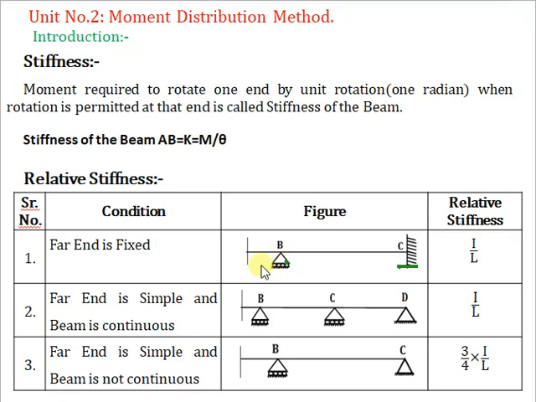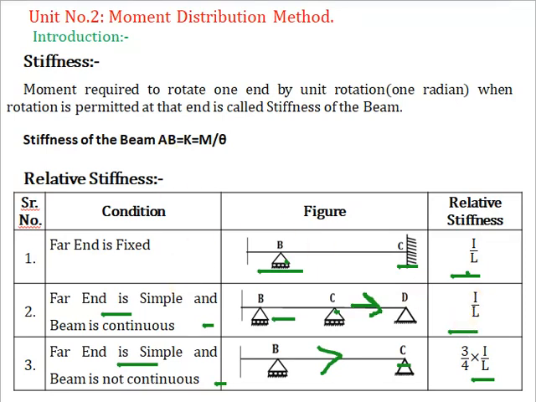If B is the joint under consideration and C is the far end which is fixed, in that case the relative stiffness is I by L. Now when the far end is simple and the beam is continuous, here the far end is simple and continuous ahead, the relative stiffness for this BC is I by L. And when the far end is simple and the beam is not continuous, here the far end is C, which is simple and not continuous, in that case the relative stiffness for this BC is 3 by 4 into I by L. So these are the relative stiffnesses under the different end conditions.